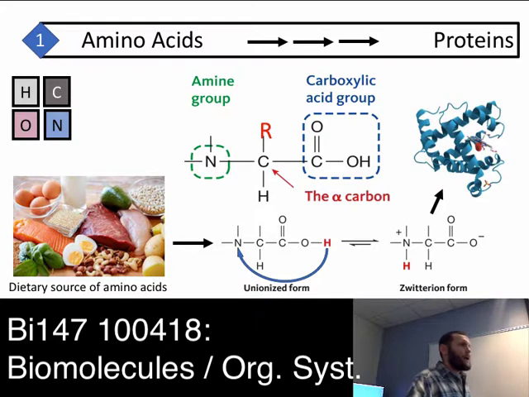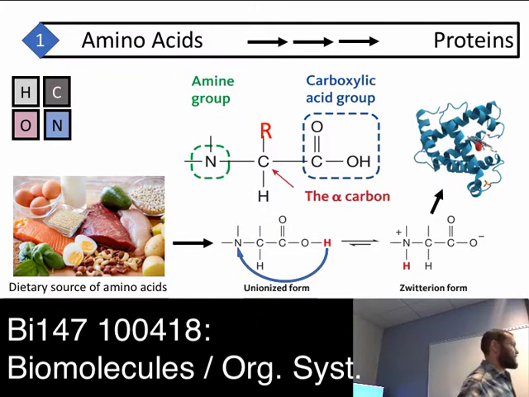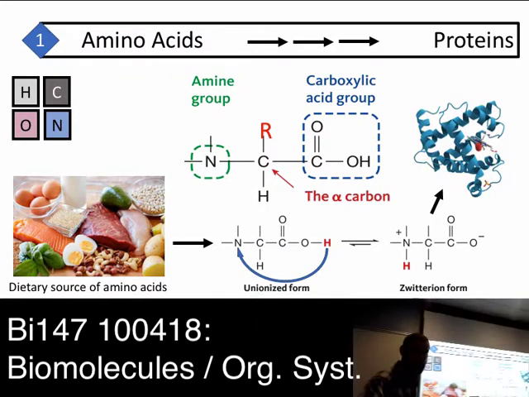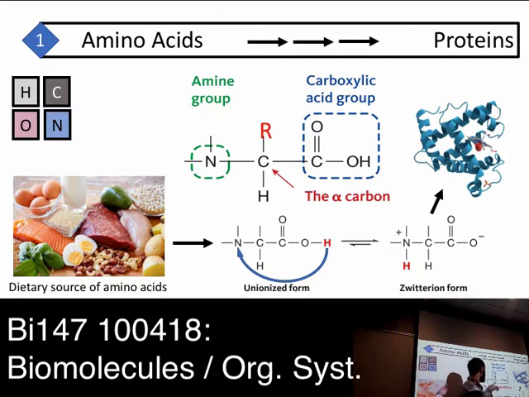Now, what did I tell you acids were the other day? What's that? Yep, H. What? Hydrogen. They are hydrogen ion donors, a proton donor. It's something that wants to give away or release its proton. So this thing right here is an acid because this proton right here is particularly acidic.